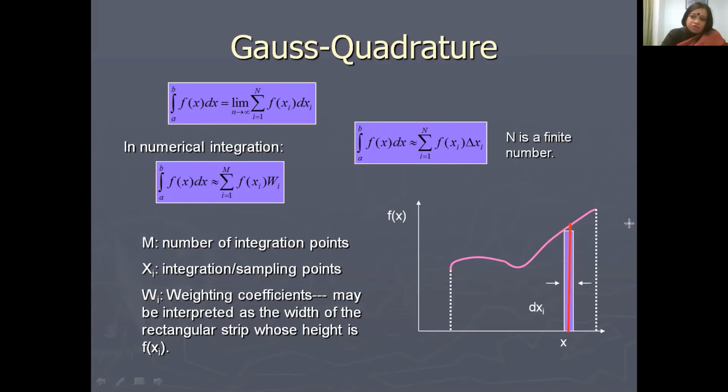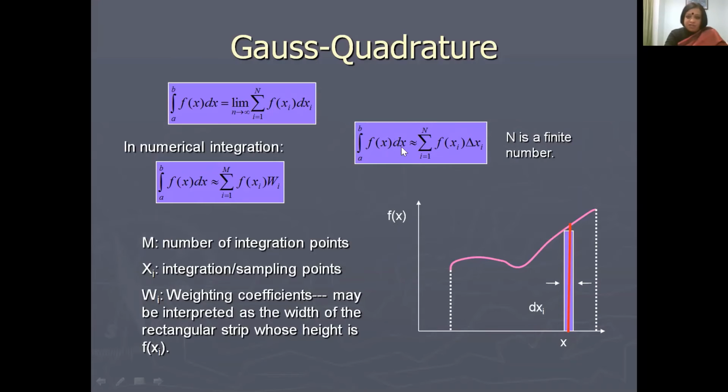So I will need to take a finite number of rectangles, and therefore there will be some non-infinitesimal thickness to my xi. So instead of dxi, I now say this is delta xi. How I choose delta xi, I'm not saying at the moment. So I am converting this integration, this is the exact value.